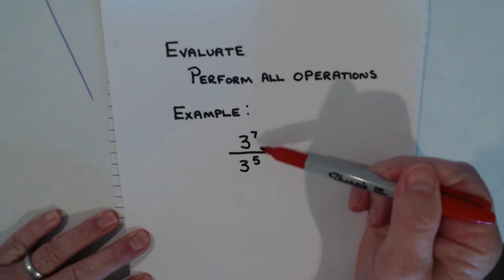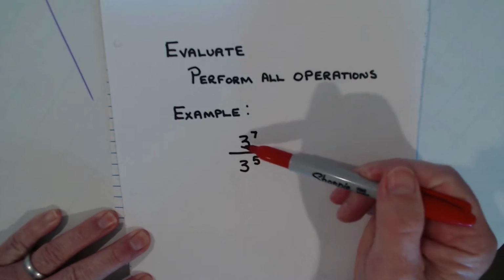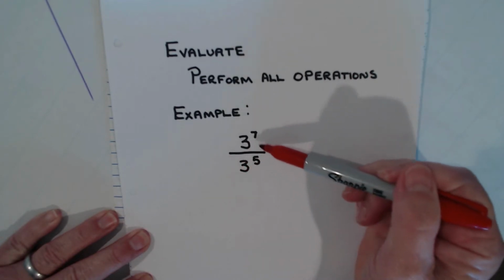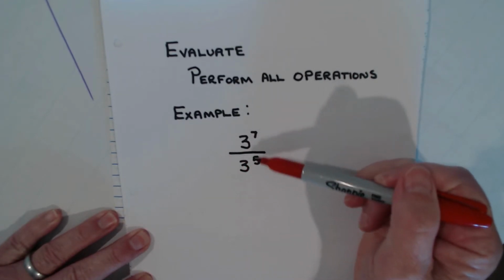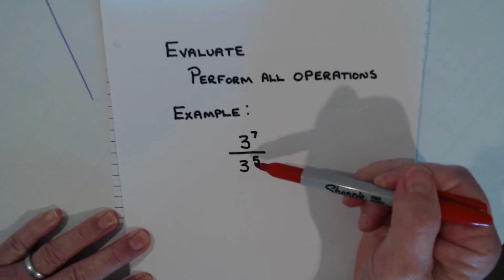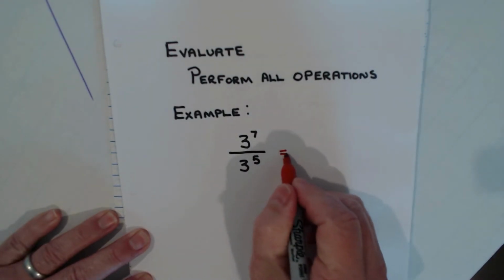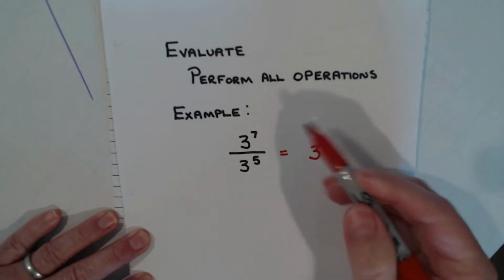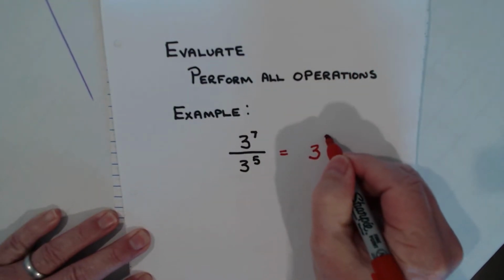I'm going to follow my laws of exponents. In this situation right here, since I'm dividing, I need to subtract these exponents right here. So I'm going to go ahead and do that. I'm going to keep my base of 3. 7 minus 5 is 2.